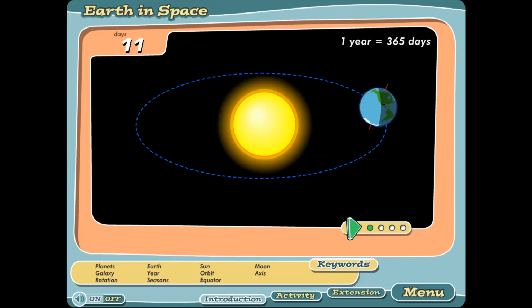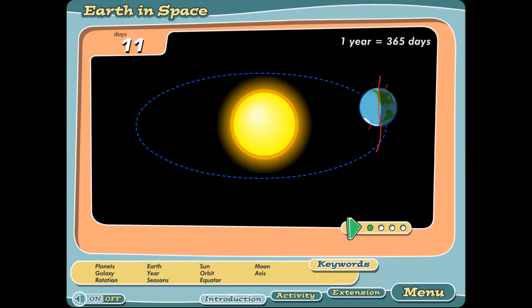This is the axis of the Earth. This axis is inclined, not in an upright position in this way, but a little bit inclined.